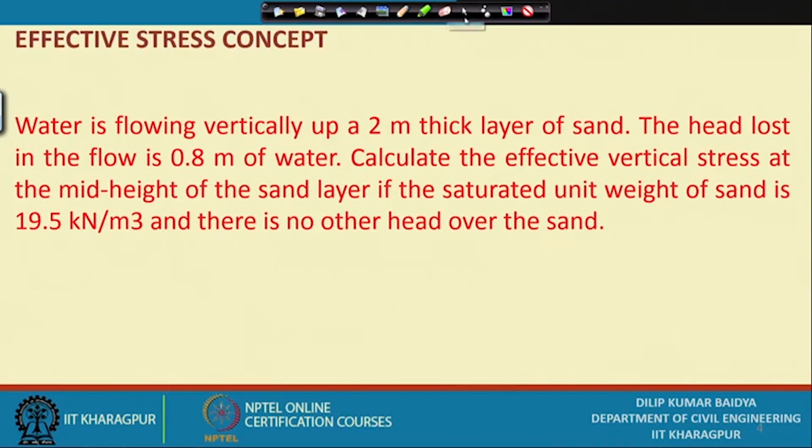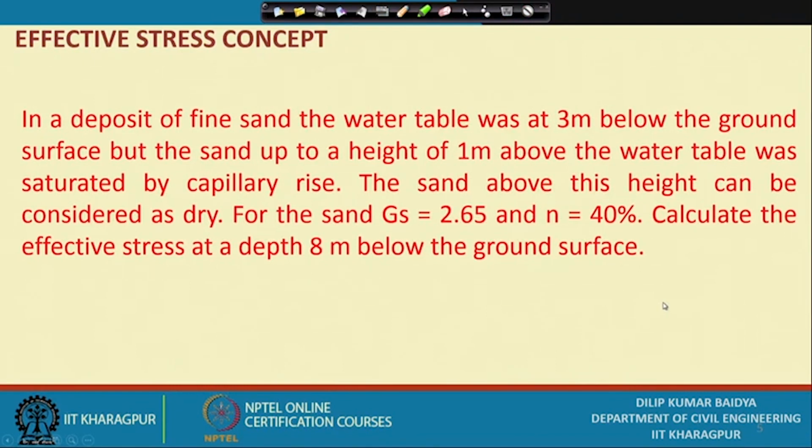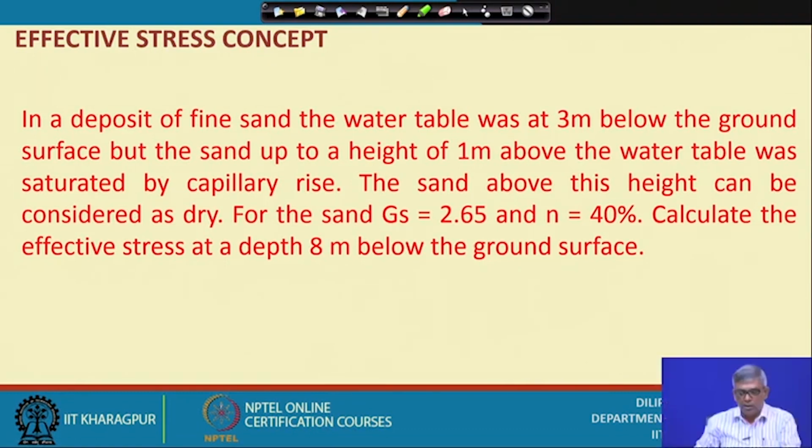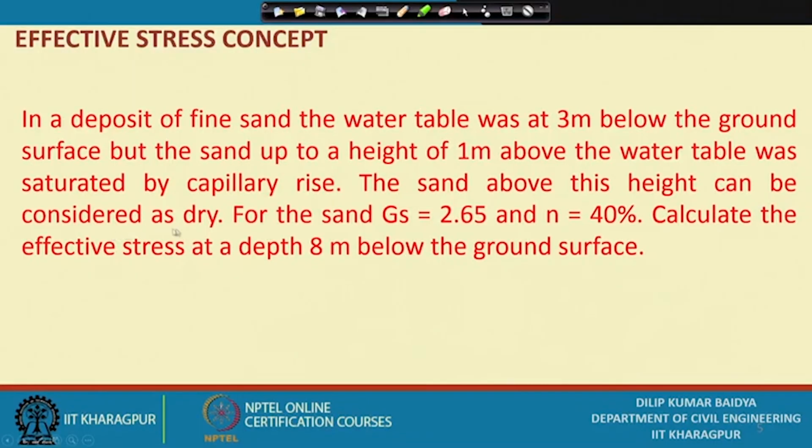And next we will go to the last problem. In a deposit of sand, the water table was at 3 meter below the ground surface, but the sand up to a height of 1 meter above the water table was saturated by capillary rise. As I have mentioned, because of the capillary rise, soil gets saturated; the sand above this height can be considered as dry.